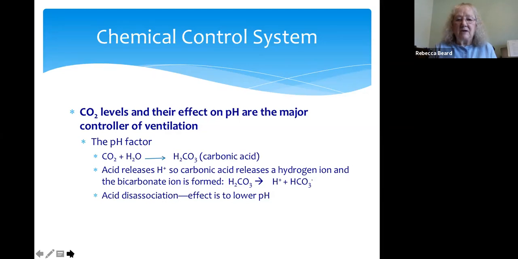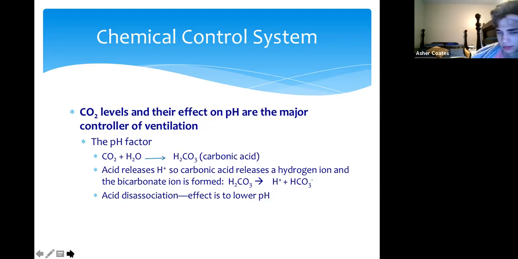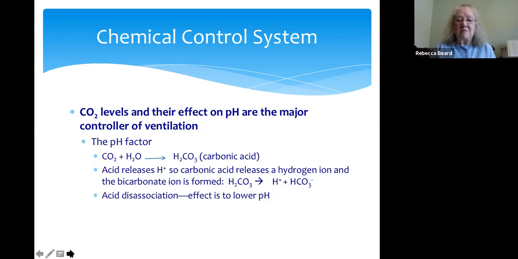You see the hydrogen that has bonded to the carbon dioxide, and then there's this extra oxygen molecule. So we have carbonic acid, and of course an acid is going to raise or lower the pH? Lower, because acids, remember, have a pH of below 7.